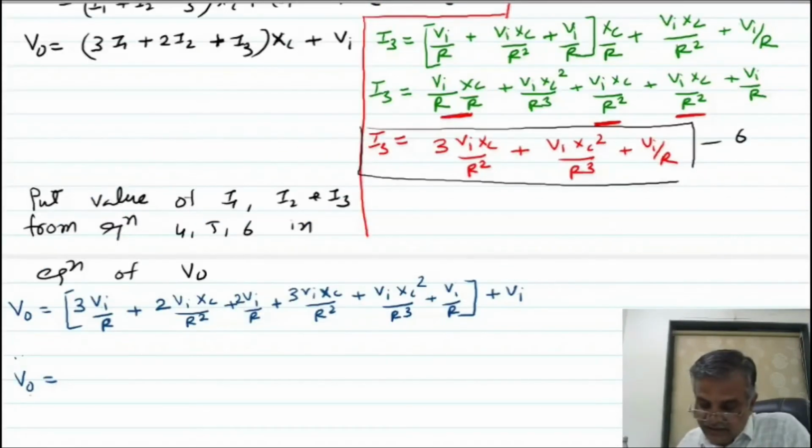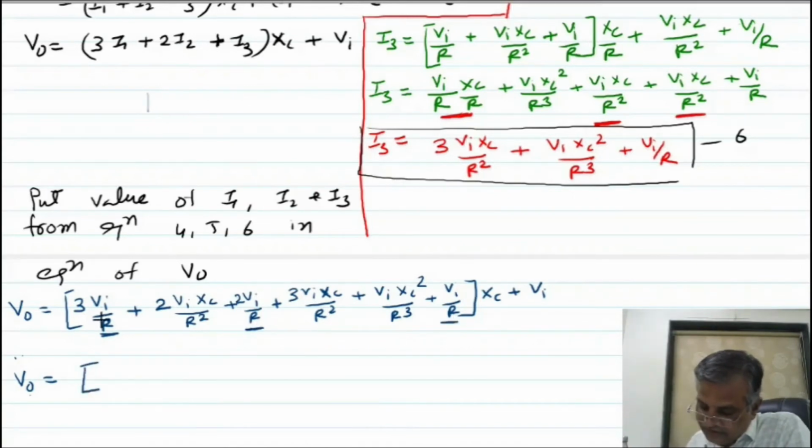So I have to write here Xc, plus Vi. So this is your Vi by R, Vi by R, Vi by R.